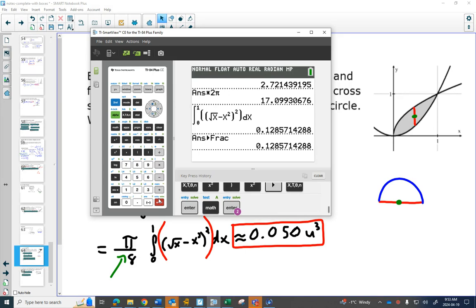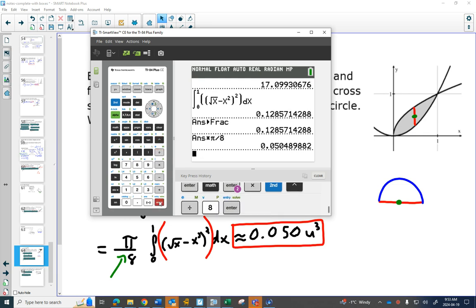It's just the calculator might be lazy at this moment in figuring things out. So then I could times this by pi over 8 and get our answer to 3 decimal places: 0.050. Okay? But what might have been nice is if that answer was a perfect fraction, then I could leave my answer as an exact value. I can multiply it and have it say it's like 32 pi over 17 or something.